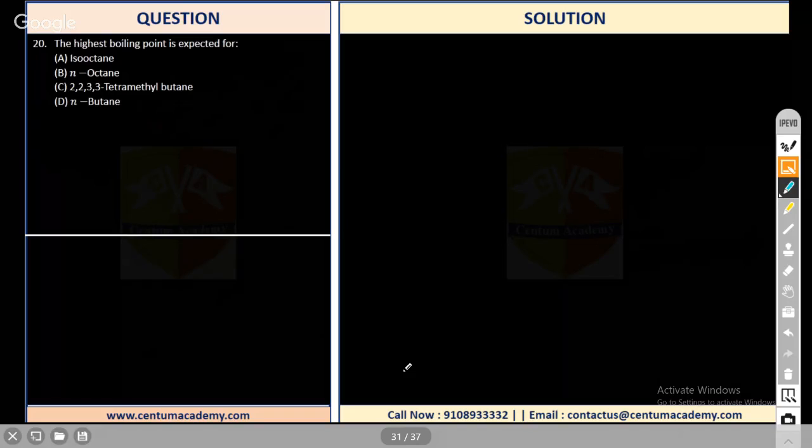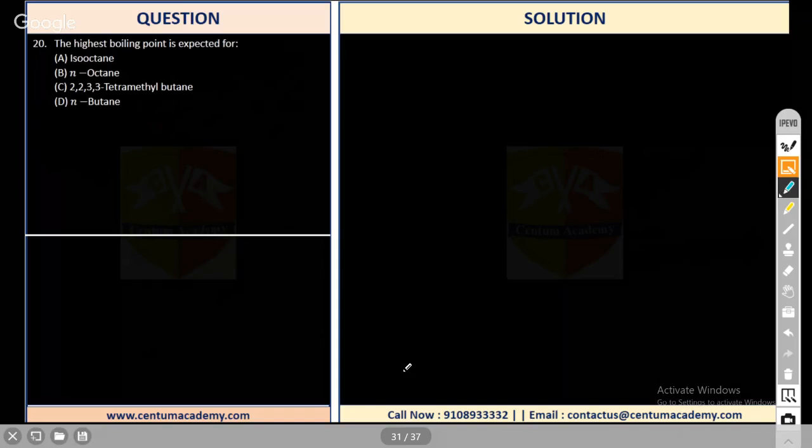Highest boiling point is expected for which? This question was asked in JEE. N-octane, correct. As branching increases, boiling point decreases.